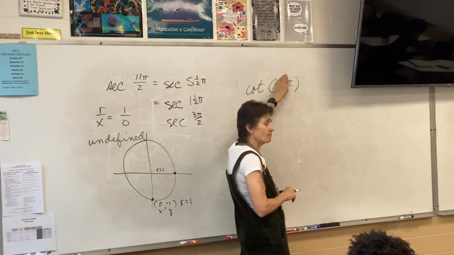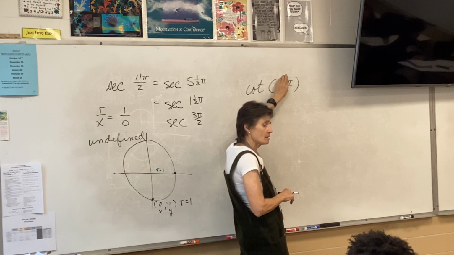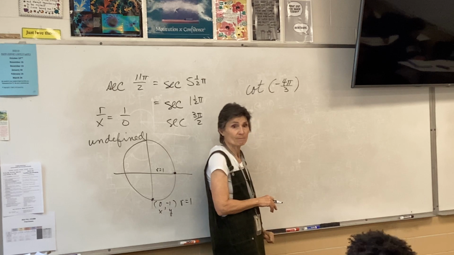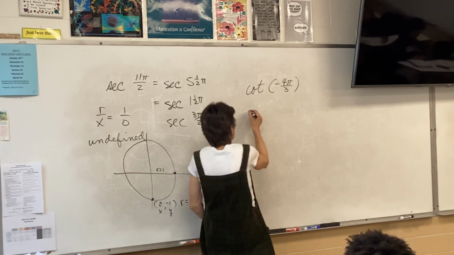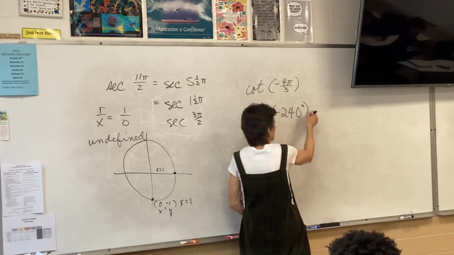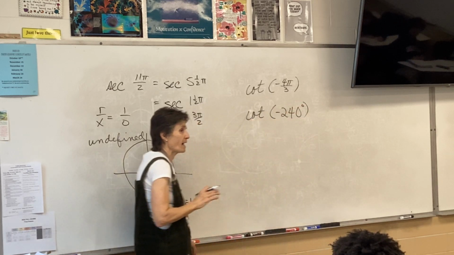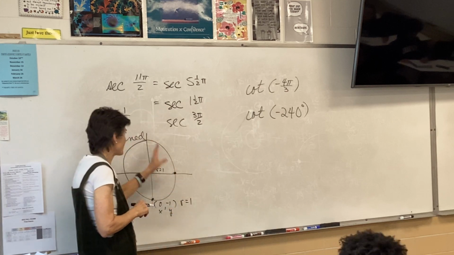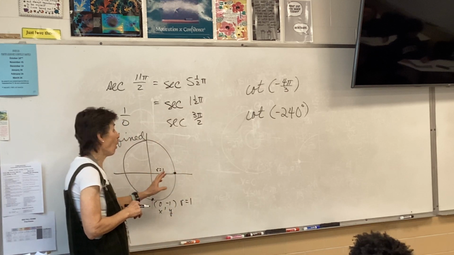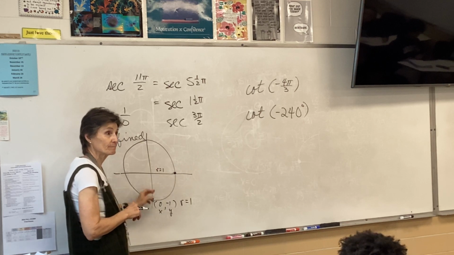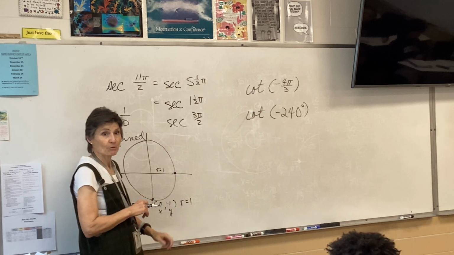So a third of that would be 60, and 4 of those would be 240. So this is the cotangent of -240 degrees, which is not on an axis. The quadrantal angles are either whole pies or half pies. They're not third pies.